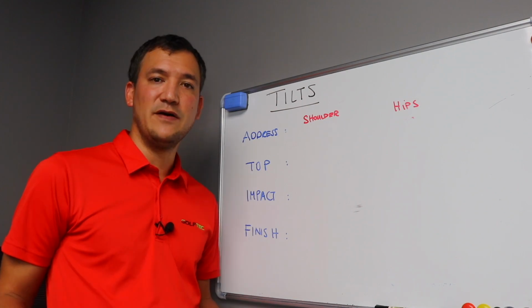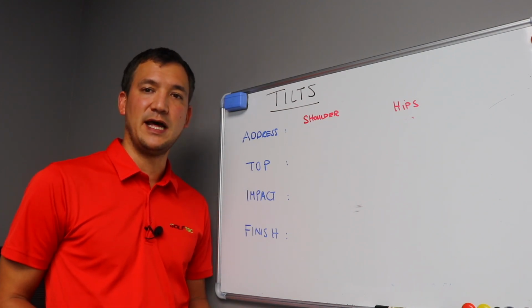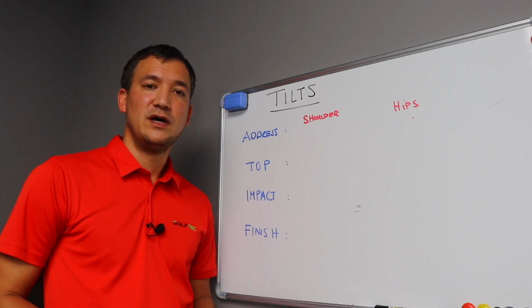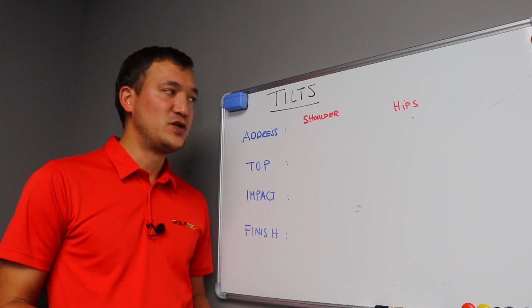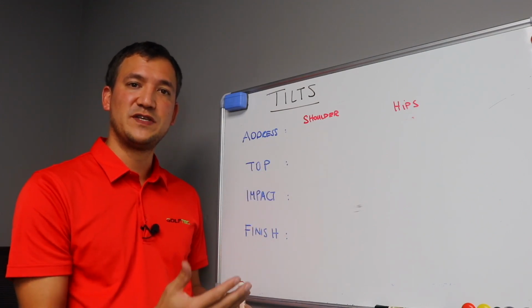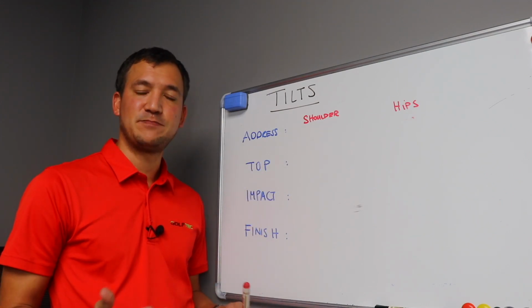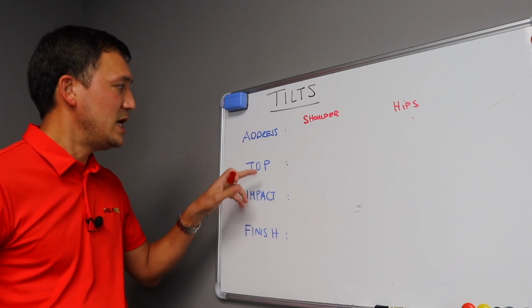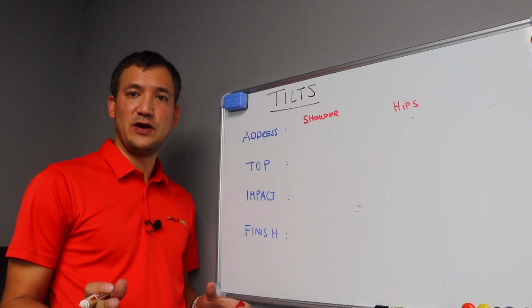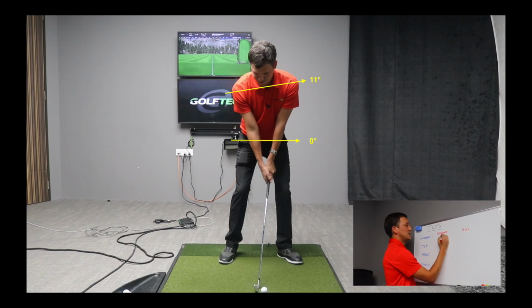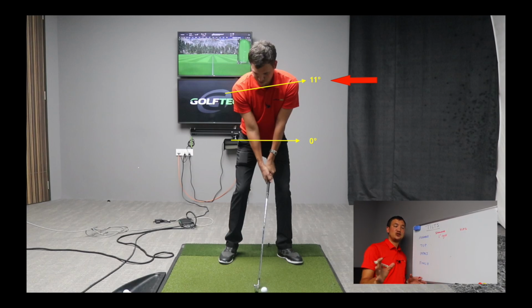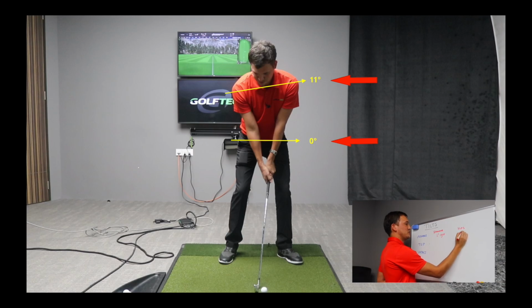There's been a vast amount of testing carried out in the last few years, and we've had the benefit of 3D motion measurement also here at GolfTech. If we just look at the numbers and what we've discovered in terms of what the best players in the world do, at address, on average, the very best players would be tilted with their shoulders 11 degrees to the right, and at address, their hips would be tilted 0 degrees.